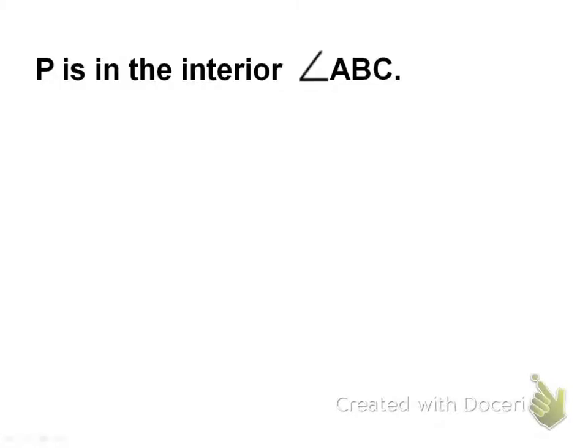Okay, and so we left off here. This is where we got to, and we're still in the middle of this problem, and we'll pick it up tomorrow. And it starts off with just stating that P is in the interior of angle ABC. And let's do that real quick.